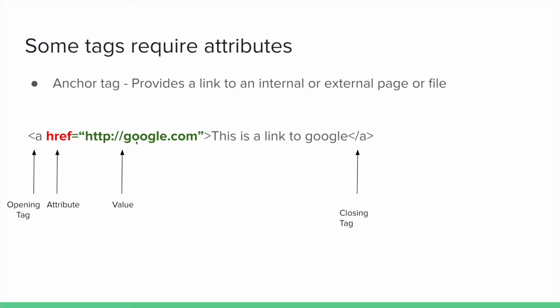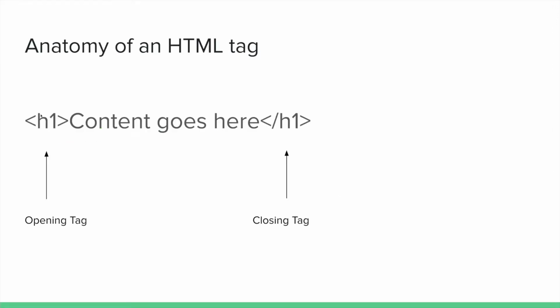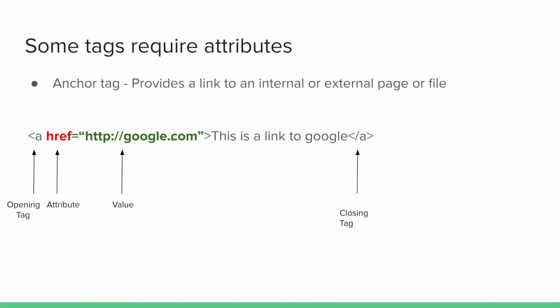It's longer than your typical opening tag that you see here with just an H1. The content is what appears on the page. So this link to Google would appear on the web page. And then we have the closing tag. Now what happens is this would be a link and we'd be able to click this and it would take us to google.com. Okay. So again, anchor tags require attributes and values.